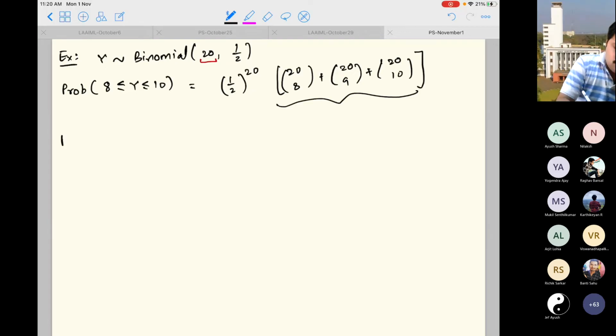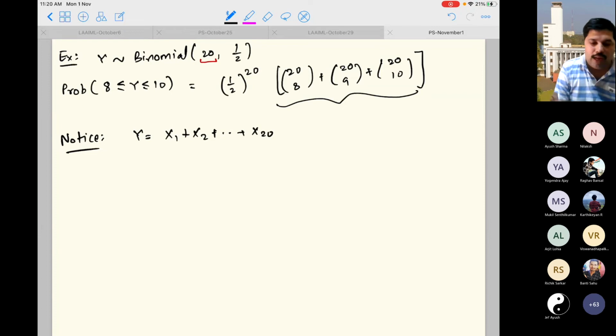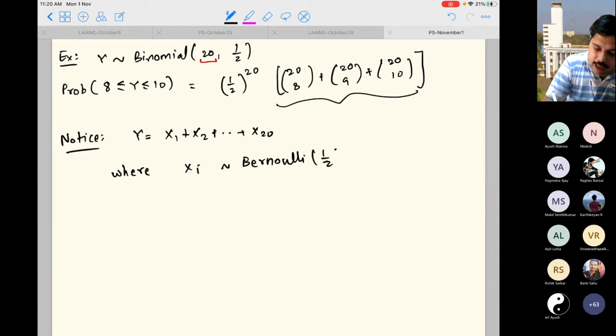So what do I know? Notice Y is equal to X1 plus X2 plus up to X20, where the Xi follow Bernoulli with probability P of success equal to half, and the Xi's are independent.